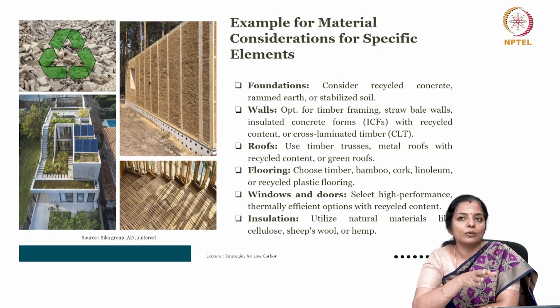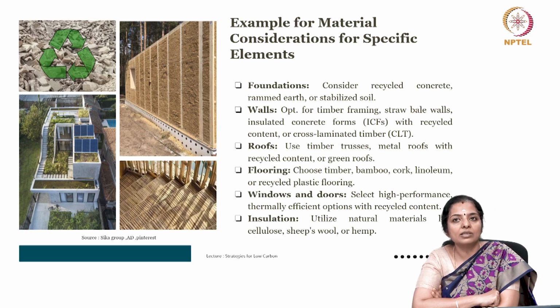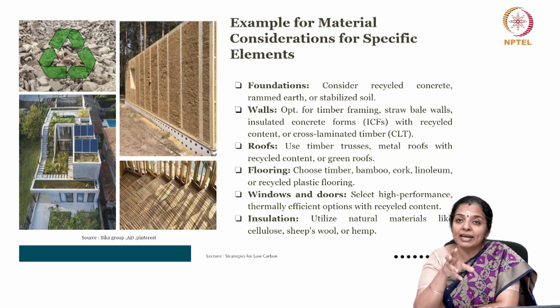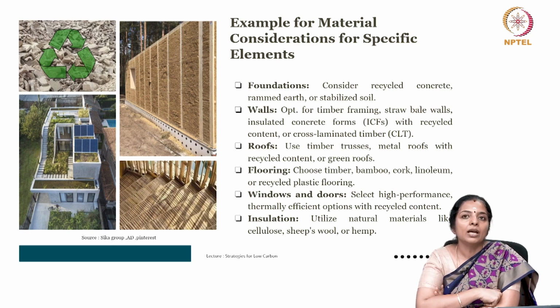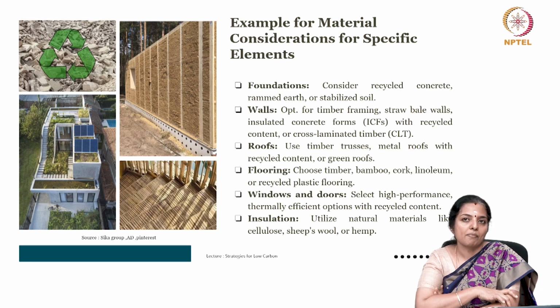So, all this will further reduce your embodied carbon. For walls, opt for timber framing. Use straw bale walls instead of burnt brick walls wherever it is possible. You can have insulated concrete forms with recycled content, or you can use cross laminated timber, CLT, which we saw last class.